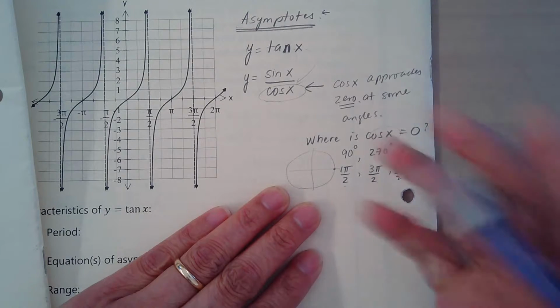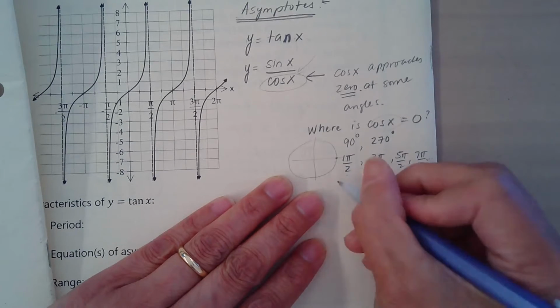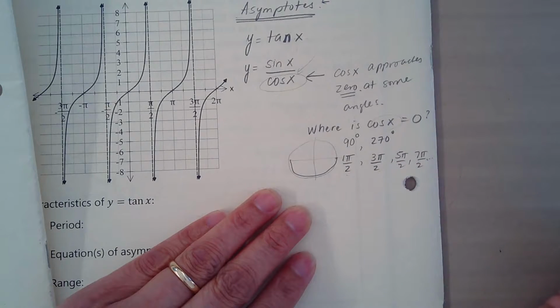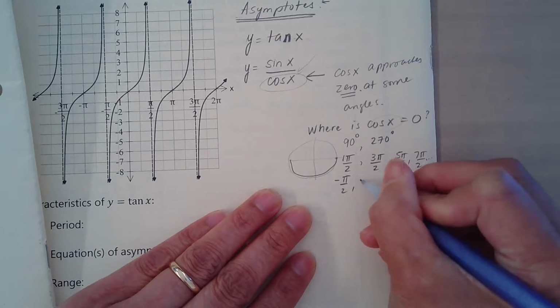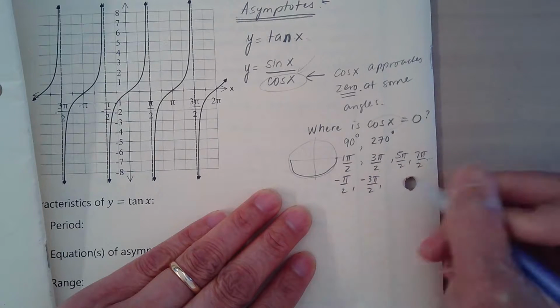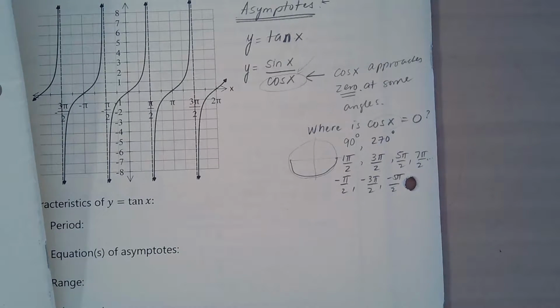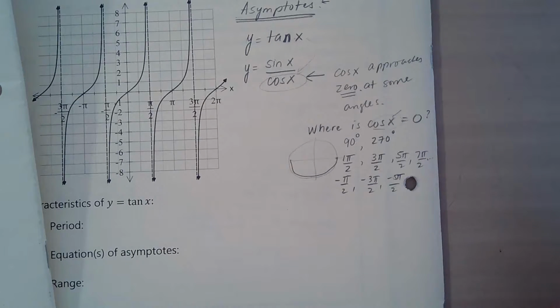And what about the negative part? If you swing this way, it's going to be negative pi over 2, negative 3 pi over 2, negative 5 pi over 2, and so on. So there are many angles where the cos of that angle is 0, and these are the ones.